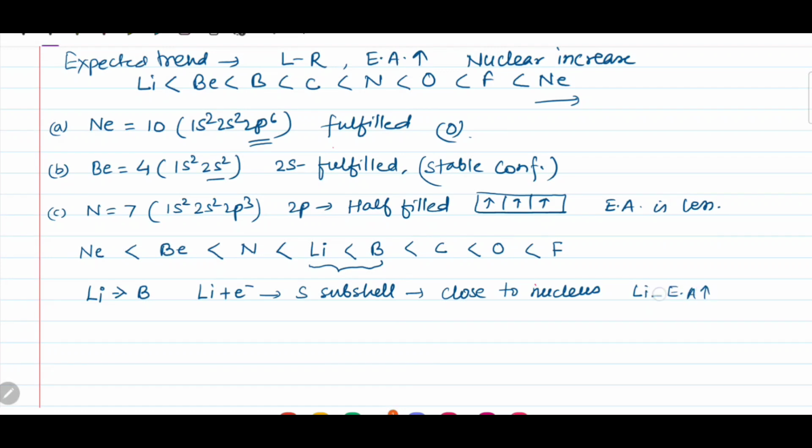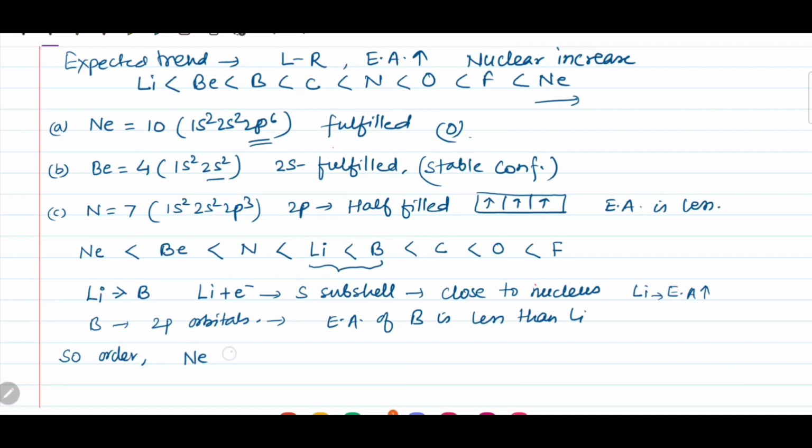But in case of boron, the electron is filled in the 2p orbital, and its size is a little bit larger than the 2s, so it will experience less penetration effect. So the electron affinity of boron is less than lithium.